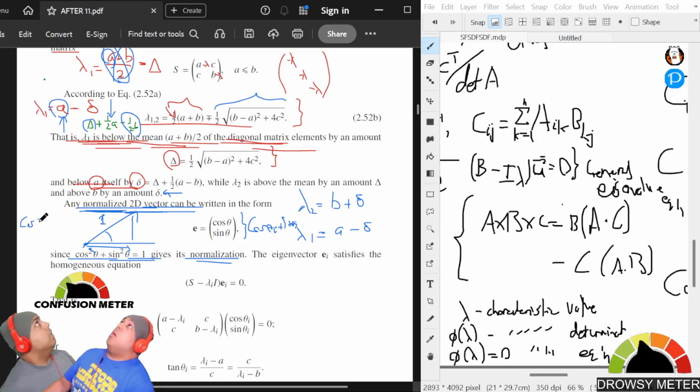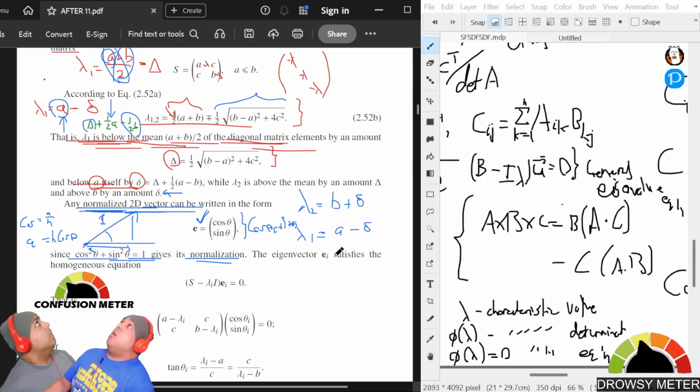Cos equals adjacent over hypotenuse, so adjacent is h cos theta. H is 1, so the adjacent is cos theta. So yeah, this is cos theta, this is sin theta, correct. Since cos squared theta plus sin squared theta equals 1 gives its normalization, they're just saying, is this a nothing burger?